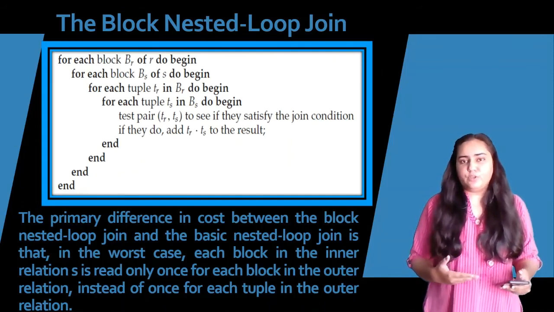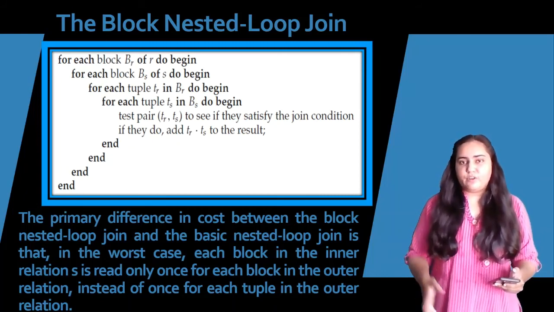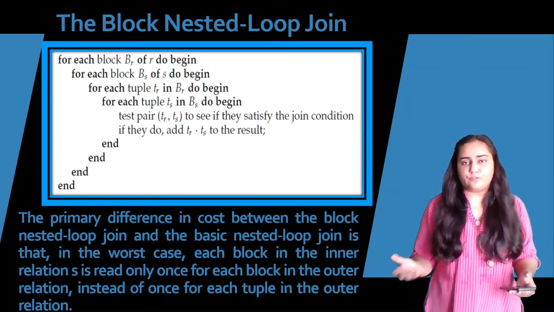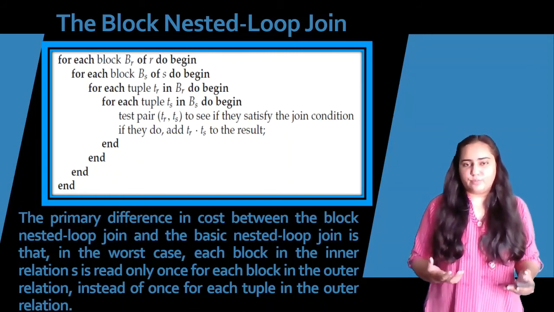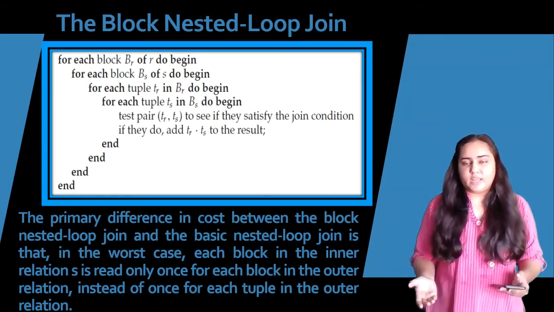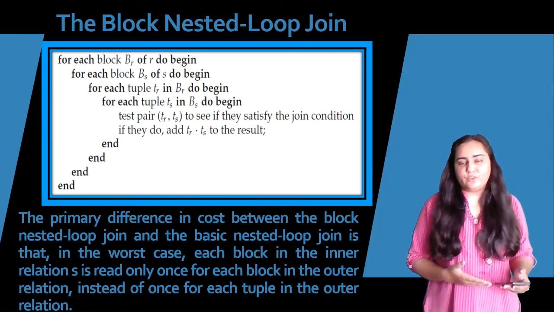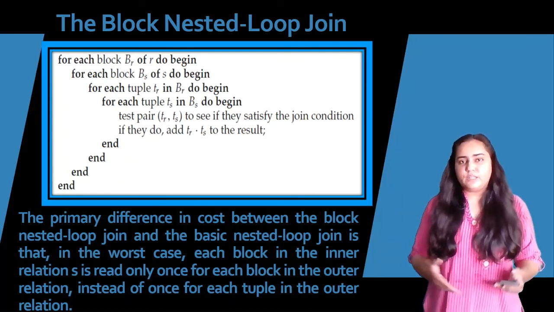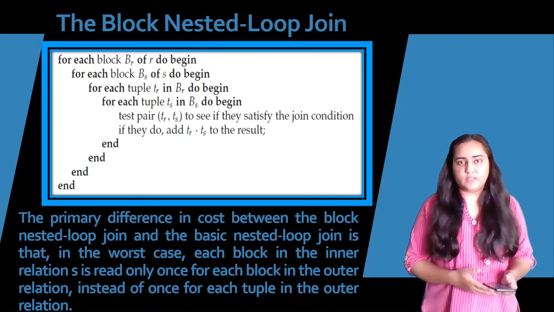When you use a basic loop join, you have to match each and every block of R with each and every block of S, and that takes a lot of time and cost, because you have to read a lot of blocks again and again from secondary memory. But when you do a block nested loop join, you don't have to read all the blocks of R again and again. You only have to read all blocks of S. So this is how this algorithm works in a better manner.